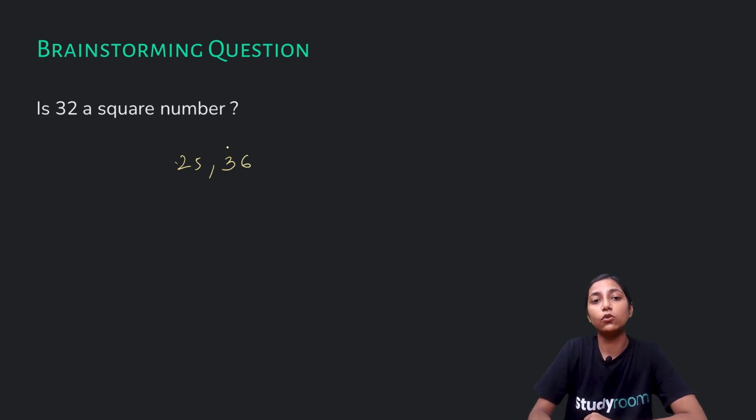In between there is no square number. So we can say that 32 is not a square number, because there does not exist any number whose square is 32. Therefore, 32 is not a square number.